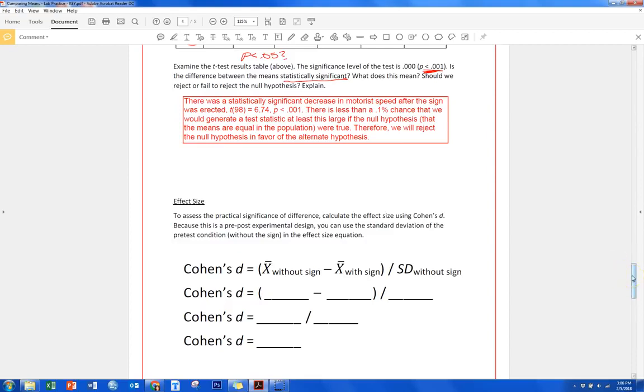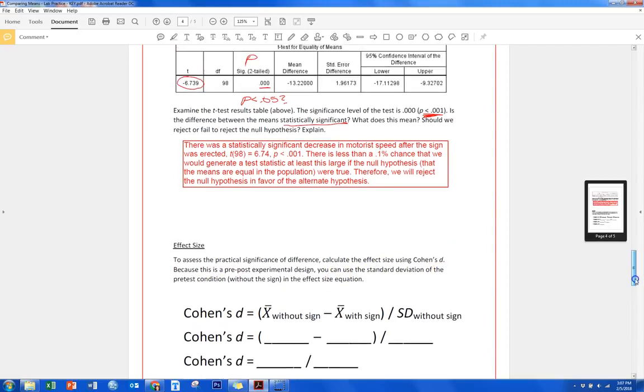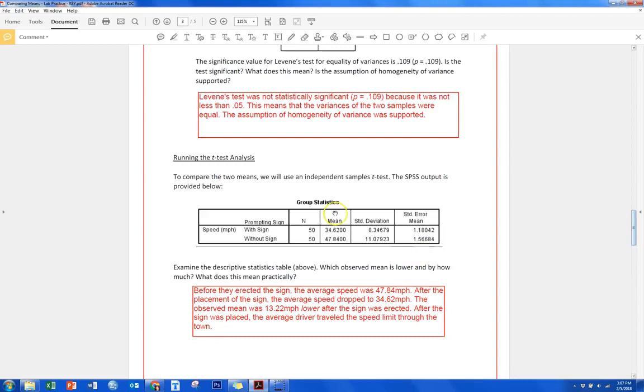In some situations, you might use the pooled standard deviation, where you average them together. But in a pre-post experimental design, we use the standard deviation of the pre-test condition. So we go back to our descriptive statistics. The pre is the without, which is 11. We use this standard deviation when calculating the effect size, because reducing the standard deviation is actually part of the effect.